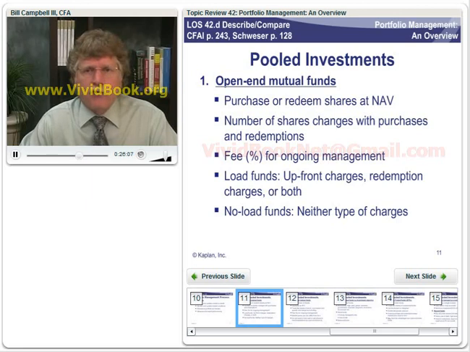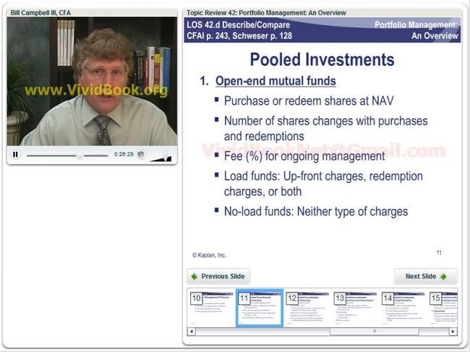There are also fees for ongoing management. As they're determining what securities to buy, what securities to sell, as they're engaged in selling new shares and redeeming shares and so on, there are management fees that go with that. Some mutual funds have loads. They have upfront charges. So when you purchase shares, there's a fee just for purchasing them upfront.